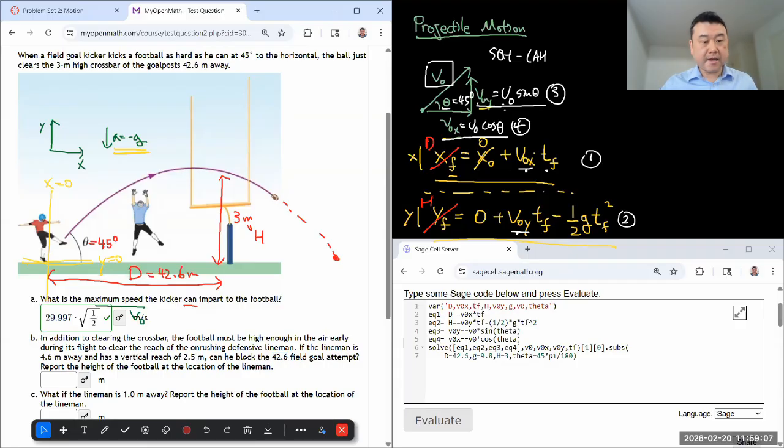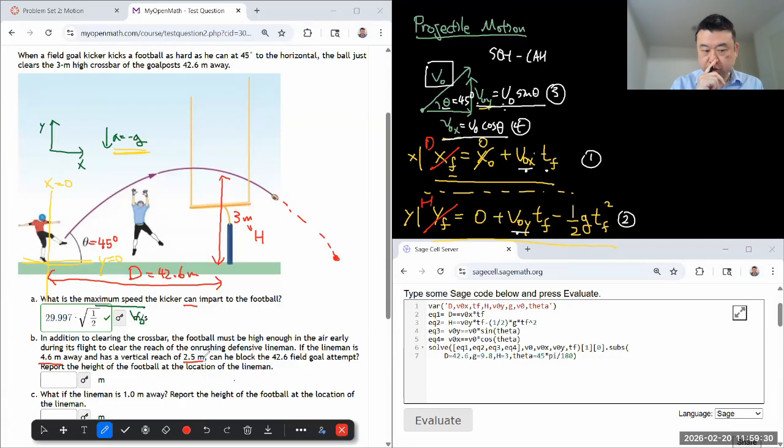Okay, so it's asking this question. The trajectory of the ball is already set. One thing I don't want to do is plug in both of these numbers.